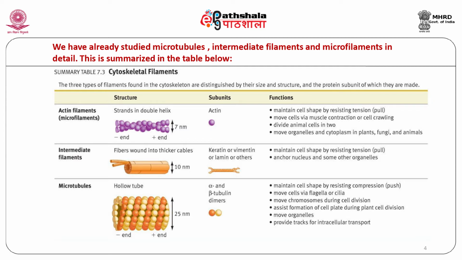Intermediate filaments are rope-like fibers with a diameter of around 10 nanometers. They are made up of intermediate filament proteins, which constitute a large and heterogeneous family. One type of intermediate filament forms a meshwork called the nuclear lamina just beneath the inner nuclear membrane.